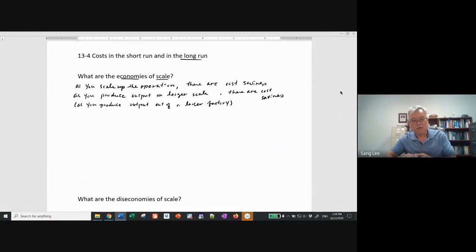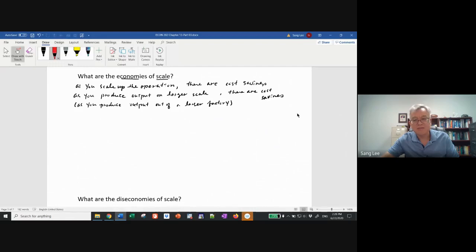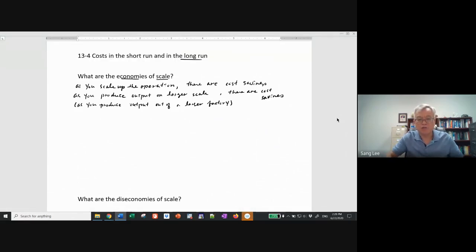So here, what kind of a cost are we talking about here? Specifically, we are talking about what? Here, what we mean by cost is what? Average cost. Okay. So simply put, as you produce what? A product on a larger scale, then what?